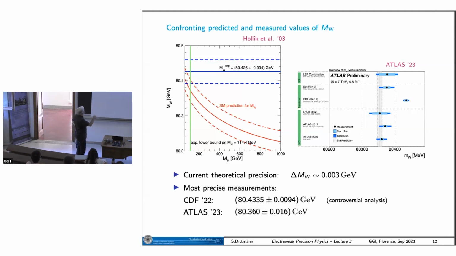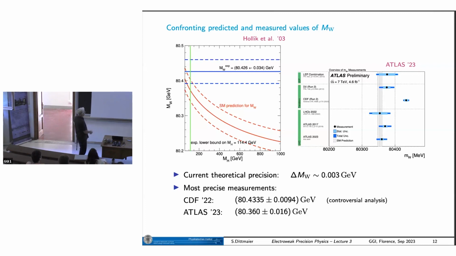And this at some point should meet the measurement. At that time, this was the W boson mass measurement. And this already pointed, as you see here, to a Higgs boson mass in the range of 100 GeV or so. So this is part of this electroweak precision program that started already at LEP times.